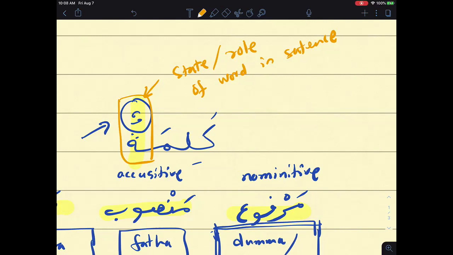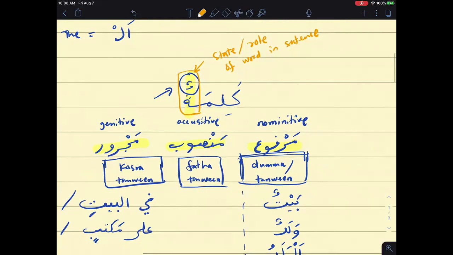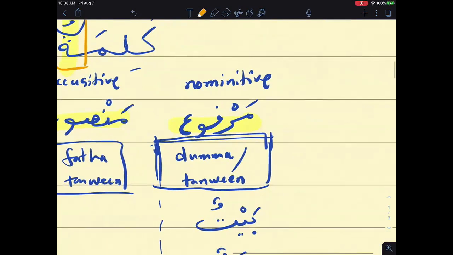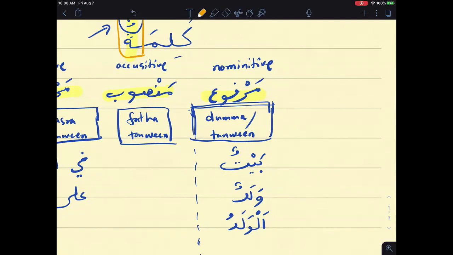When you think about the state perspective, when we say majrur, which is genitive, it means it's under this kind of situation. When we say marfu, that means it's the default situation, basically your subject and predicate. We're not giving you a lot on marfu because the book doesn't talk about it, but that's pretty much what we did so far.